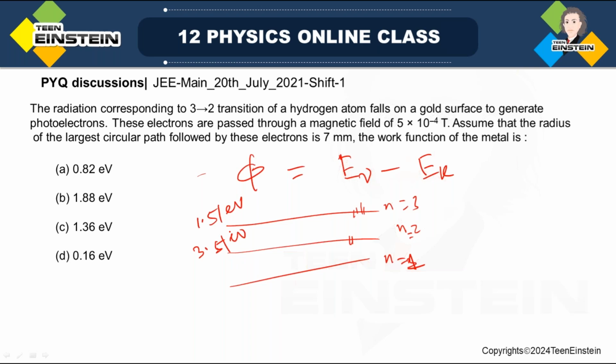Okay, I'm sorry, this level will have energy 3.4 eV, and the energy gap from this to this will be 13.6.